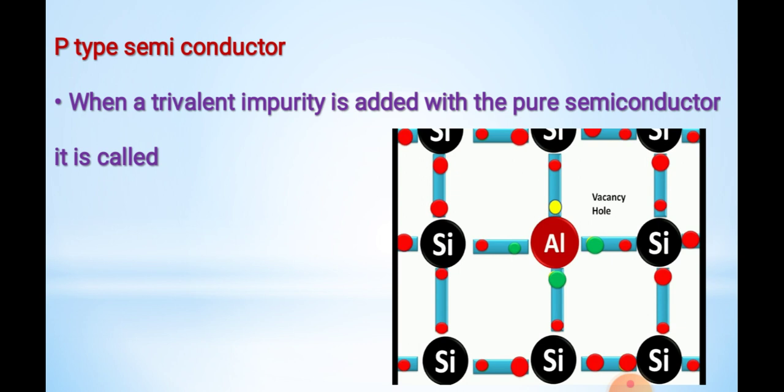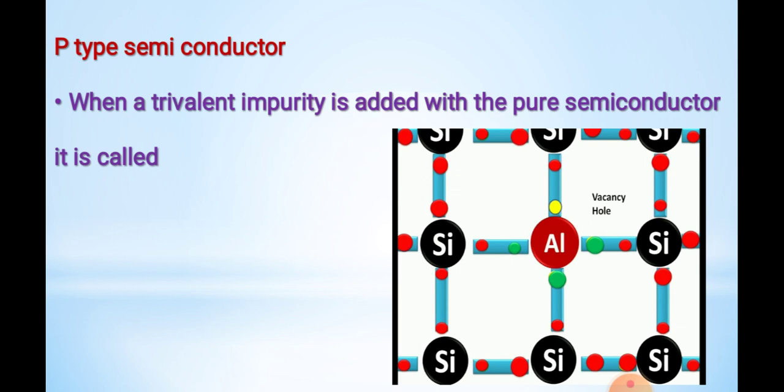How many green balls do we have? 3 green balls, so the valency of aluminium is 3. But for silicon, the valency is 4. Between the silicon atoms, we have a covalent bond, shown in blue color. In between two silicon atoms, the blue line represents a covalent bond.